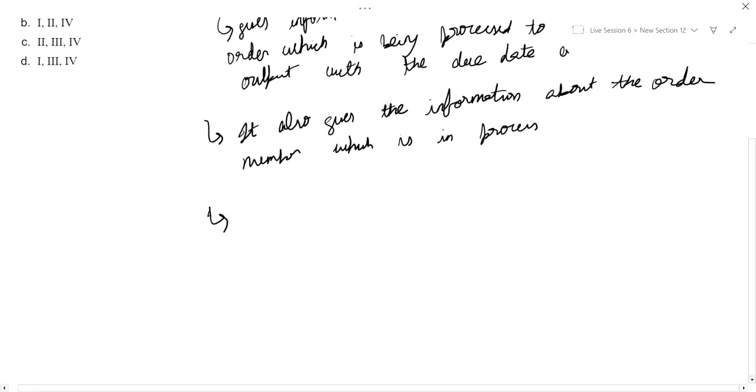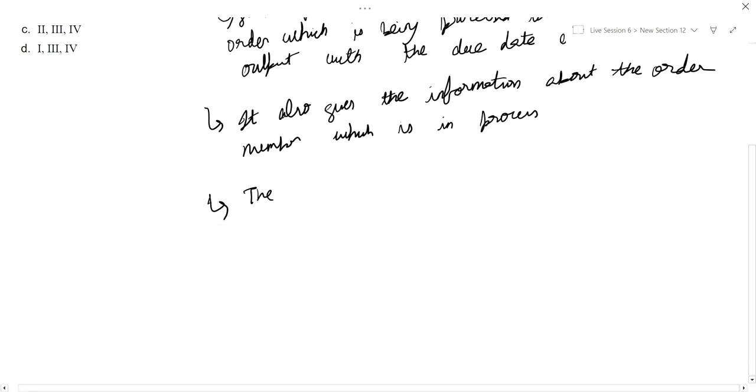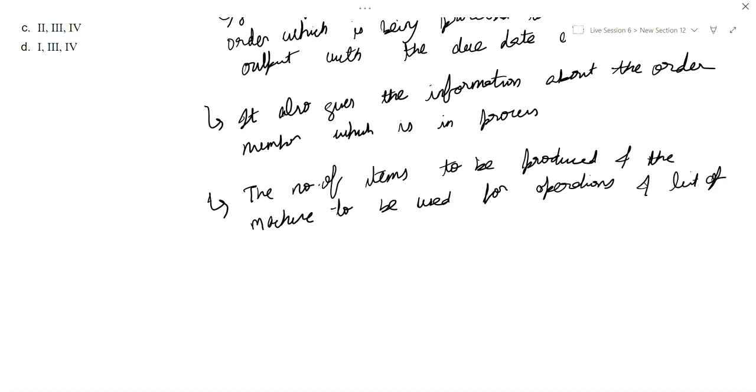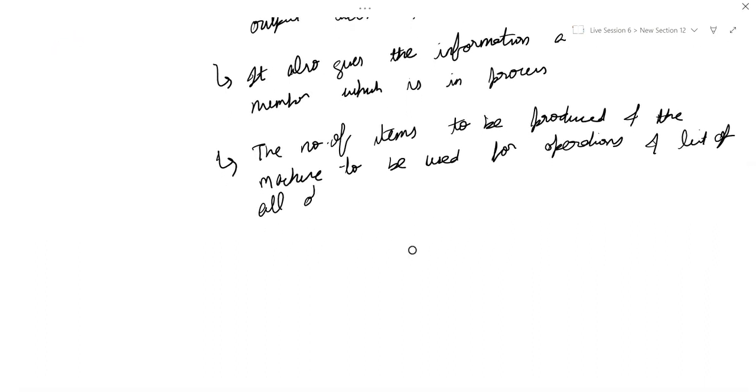It also says the number of items to be produced and the machine to be used for operations, and list of all operations to be performed.